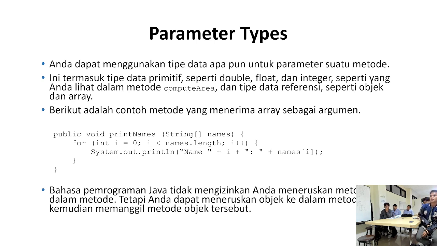Okay. Well, parameter types. You can use any type of data for parameters in methods. This includes primitive data types like double, float, integer, as you see in the compute area, and also reference object types and arrays.